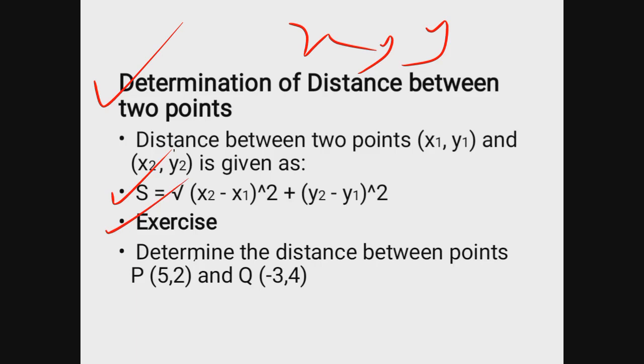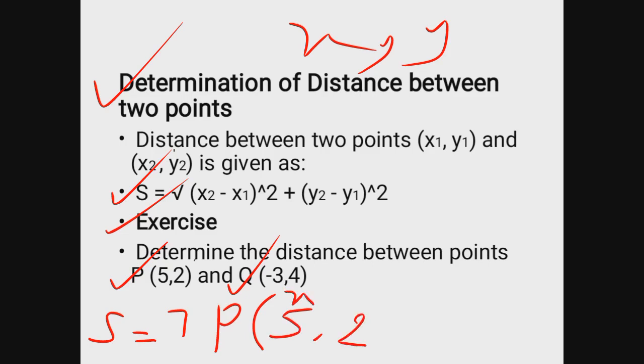Determine the distance between point P and point Q. To know the distance, what we need to do is get the coordinates of point P and point Q. Point P on the x-axis is 5, while on the y-axis it is 2. Then point Q on the x-axis is -3, while on the y-axis it is 4.